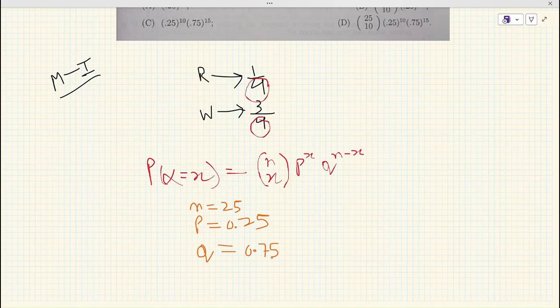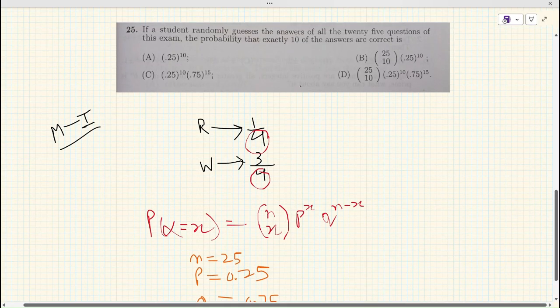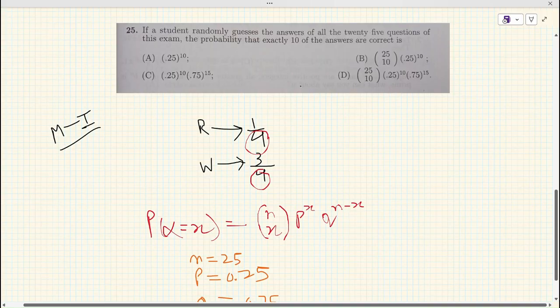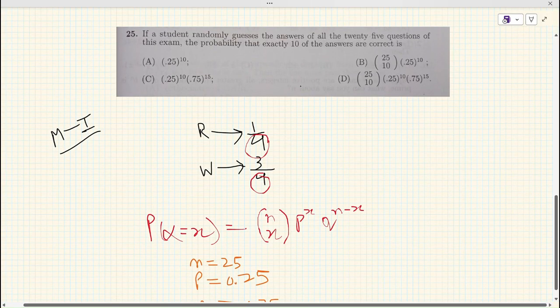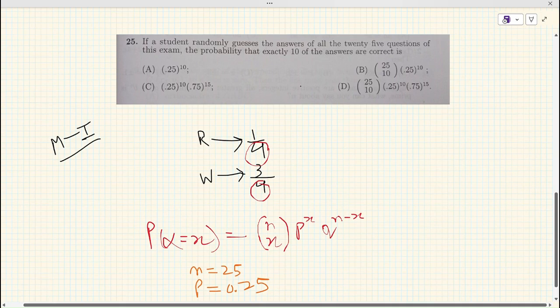Now we are asked for P of X equals 10, since x is the number of successes, that is, the number of answers which are gotten correct.